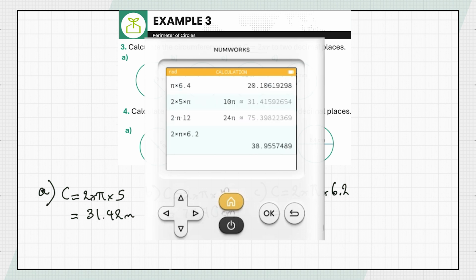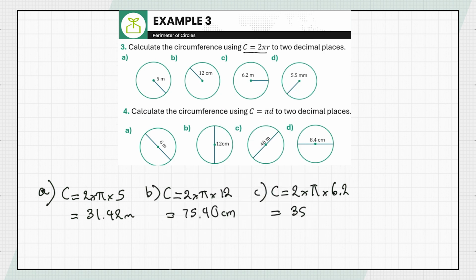Alright, in this case, what we get is 38.955, so 38.96 would be the 2 decimal places. 38.96 meters.